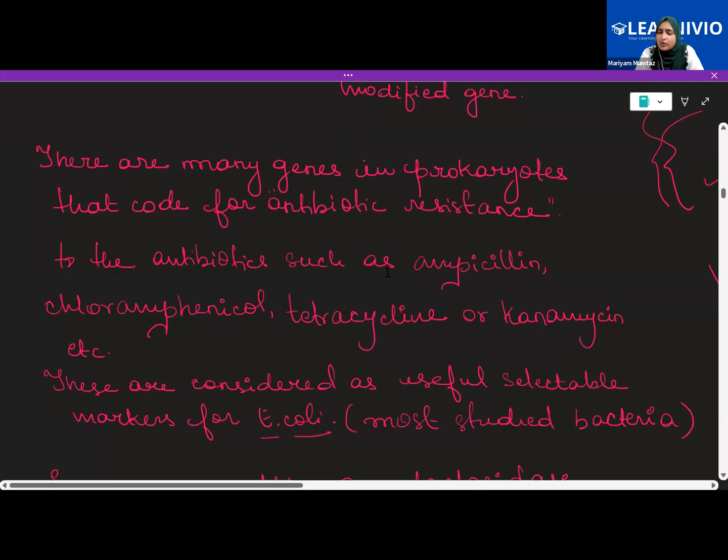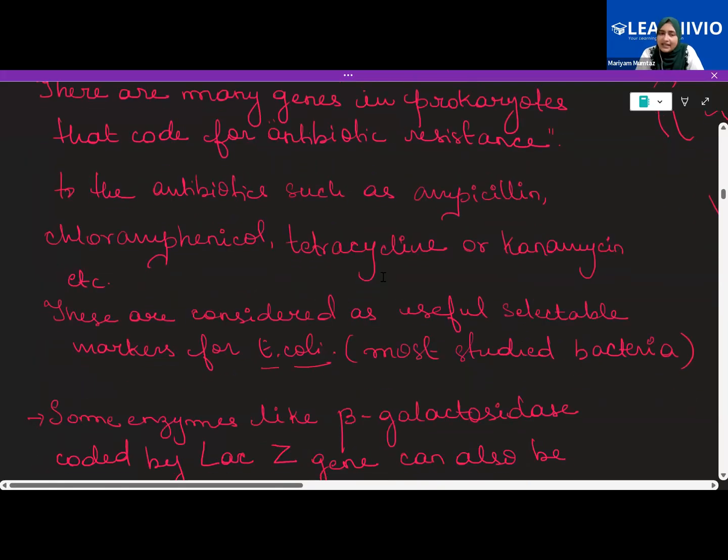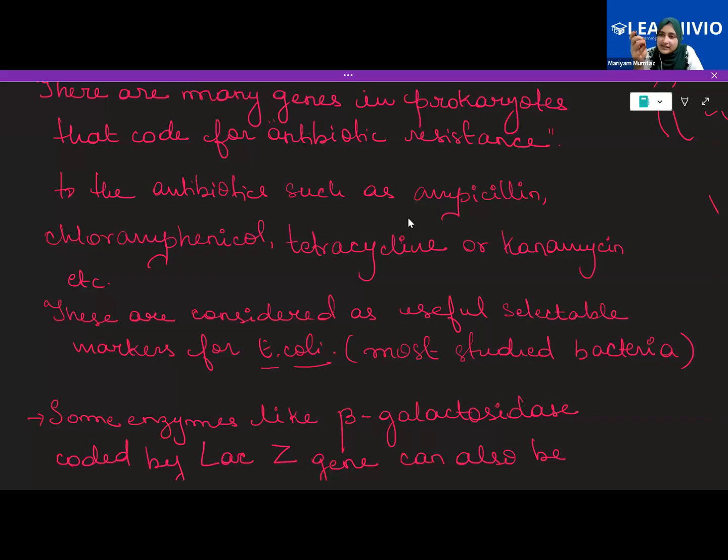Such as ampicillin, chloramphenicol, tetracycline, kanamycin. These are the different names of antibiotics. So what will happen if, for example, you put some gene at the tetracycline resistance site? Now this plasmid is going to lose the resistance for tetracycline and it will be only resistant to ampicillin. So if you put it in a Petri dish that contains tetracycline, it will die.